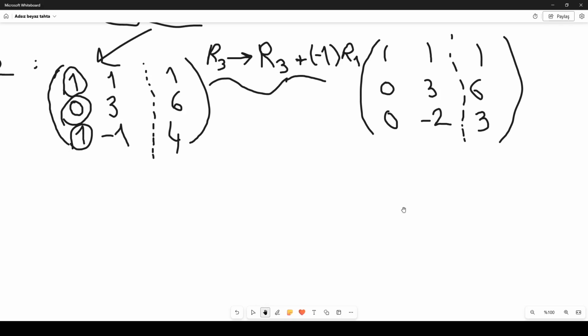Okay, now what do we have here? I'm done with the first row and the first column. Now let's move to the second row, and we observe that the leading entry in the second row is not 1. So first of all, let's change it into 1, and it is very simple to do that.